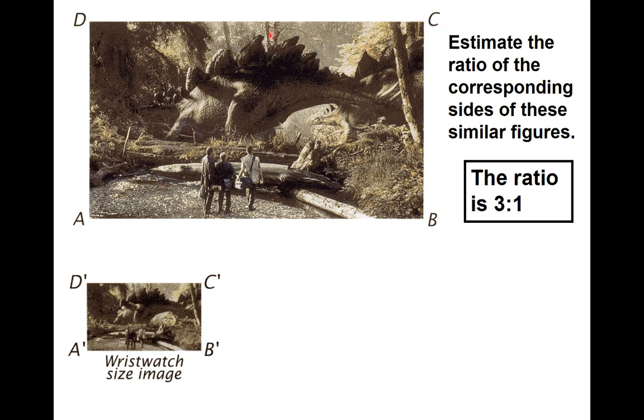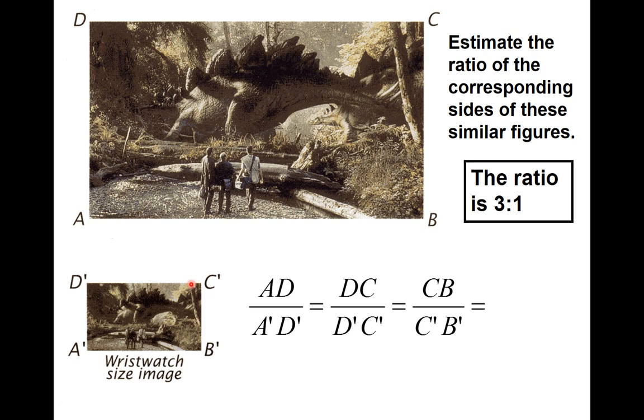It means this dimension, DC, to D prime C prime is 3 times longer. Or AD over A prime D prime, DC over D prime C prime, and CB over C prime B prime. And there's a missed one, BA to B prime A prime. They all have the exact same ratio, 3 to 1.